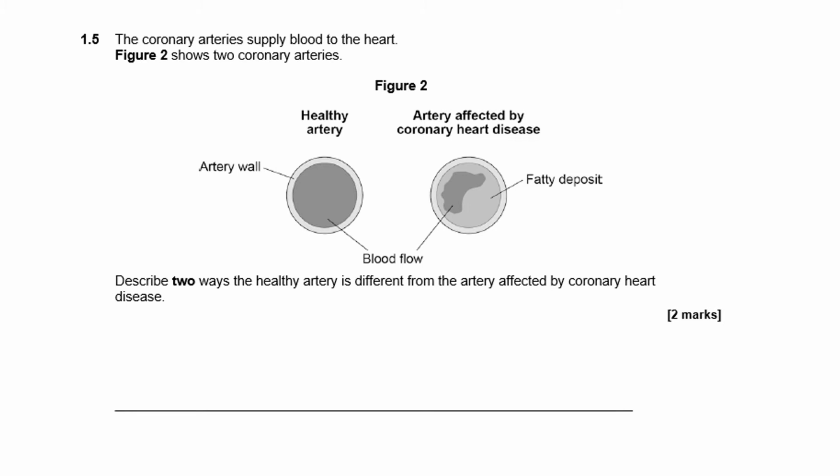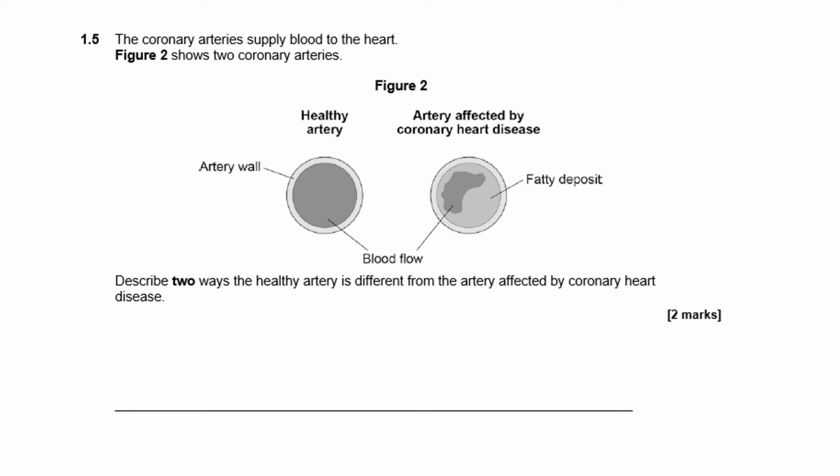So you could say that the artery affected by coronary heart disease has fatty deposits around the outside. The other difference between them would be the amount of blood flow. So you can say that the blood flow is less or reduced or not as much as the healthy artery.